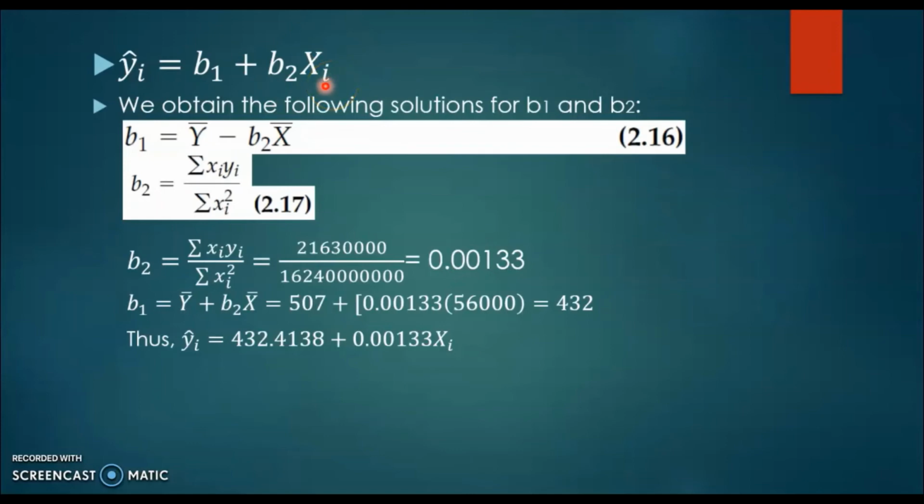And we also know from equation 2.16 and 2.17 that b1 is equal to the mean value of y minus b2 times x bar. So here x bar refers to the mean x. And we also know that b2 is equal to the sum of multiplication for x and y over sum of squared x.